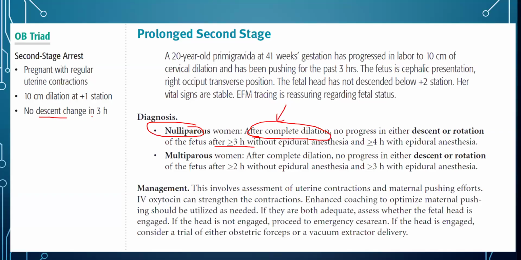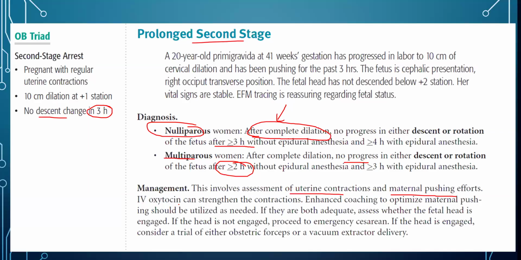For multiparous, if there is no progress after 2 hours, that's prolonged second stage. Again, before you say prolonged second stage, you need to assess how is the contraction and how is the maternal pushing.